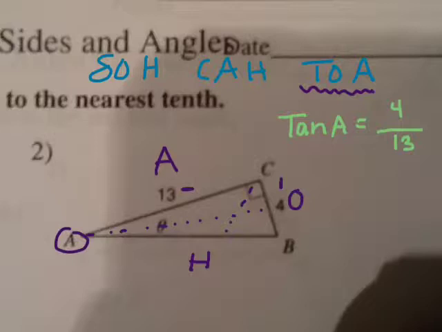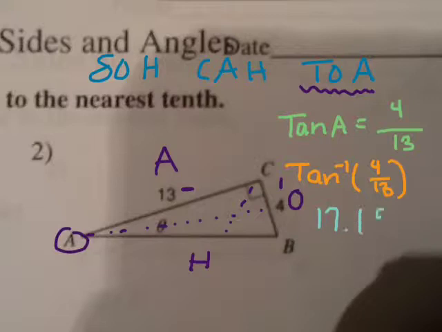Again, we're trying to find a missing angle, so we are going to use the inverse. So in your calculator, you just have to do second, tangent, and type in that fraction. You get 17.1 degrees. That is the degree of your missing angle.